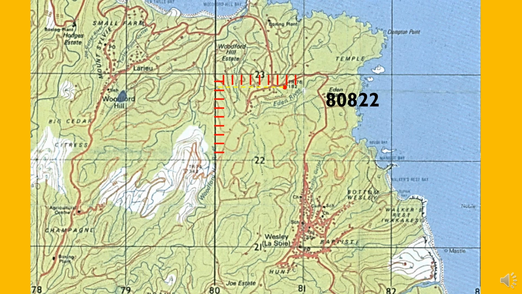Therefore, our 6th and final figure is going to be 8. Therefore, the 6-figure grid reference of the minor trigonometrical station TR76 is 808228.